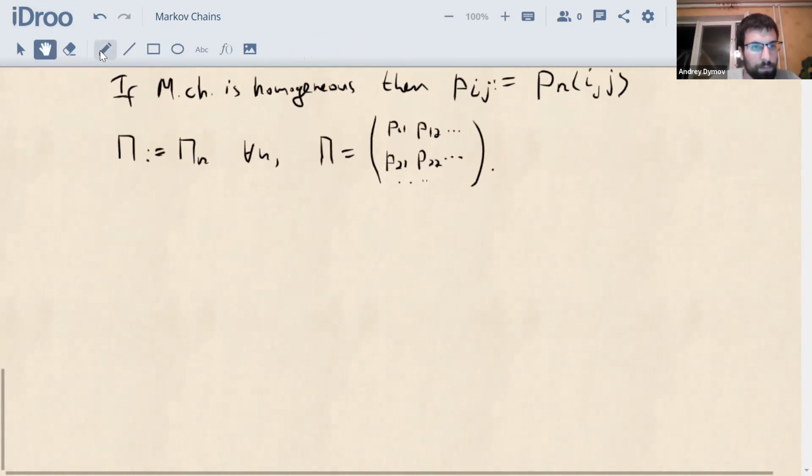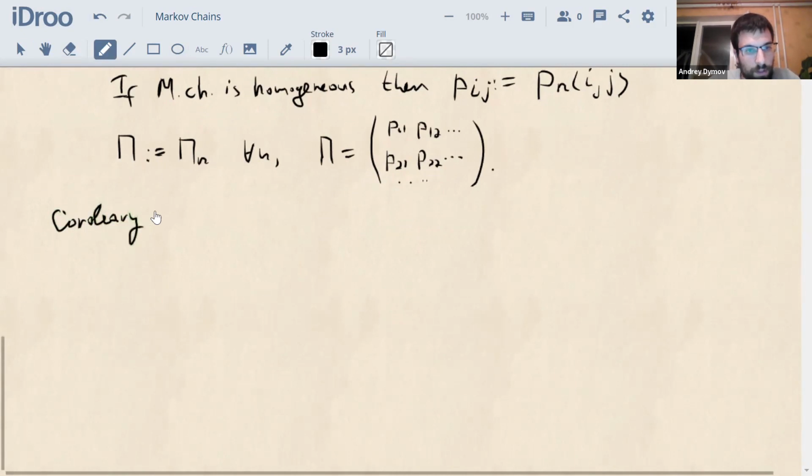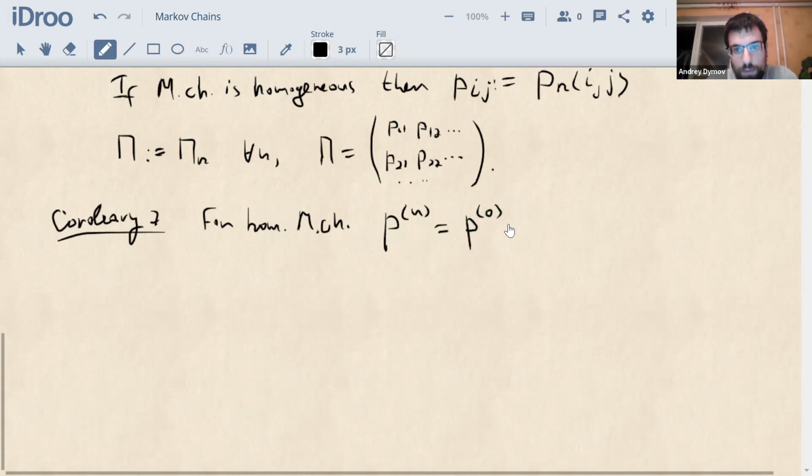And then corollary 7 of the previous lemma is that for a homogeneous Markov chain, p_n, the distribution at the moment of time n, equals the distribution at the moment of time 0 times P to the power n.